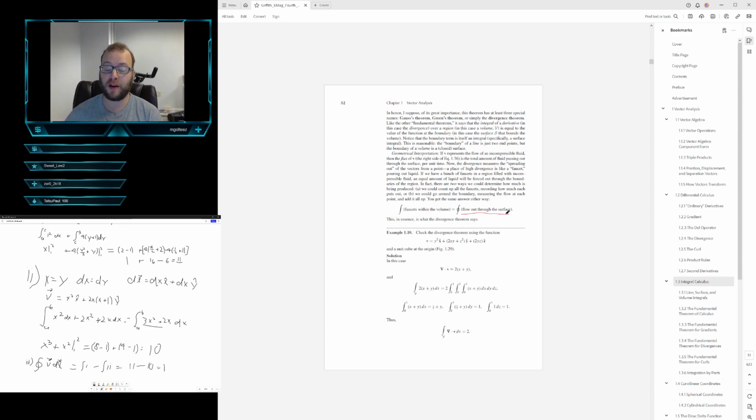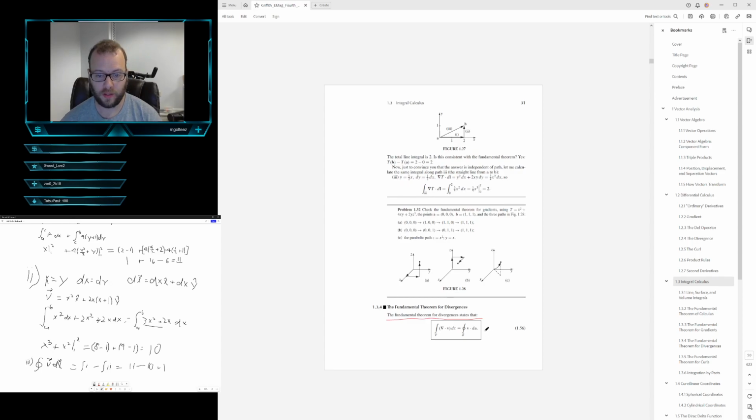This is known as Gauss's theorem, Green's theorem, the divergence theorem. It is very important to remember, so it is boxed. This is a very important equation because it allows us to turn a volume integral into a surface integral and back and forth.